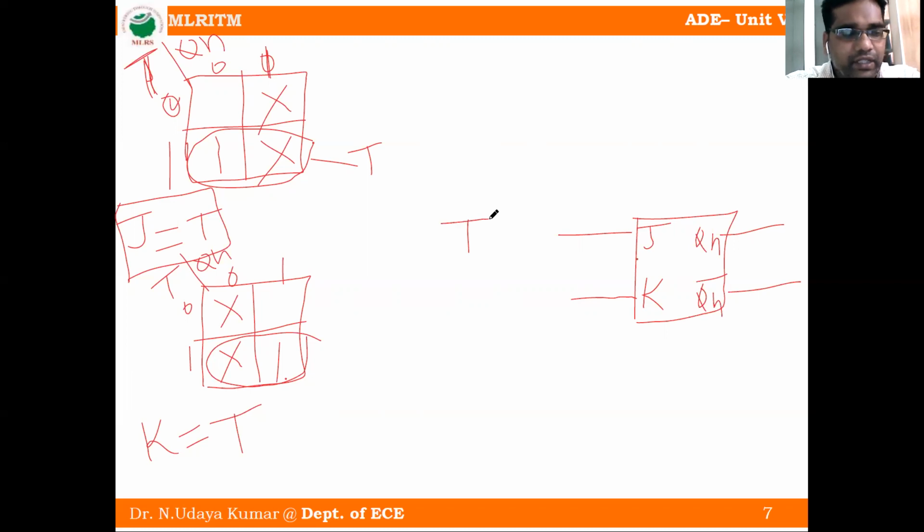So this is the T terminal. We know that a flip-flop always has a clock here. So J is equal to T and K is equal to T. Now it is not a JK flip-flop, it is a T flip-flop.